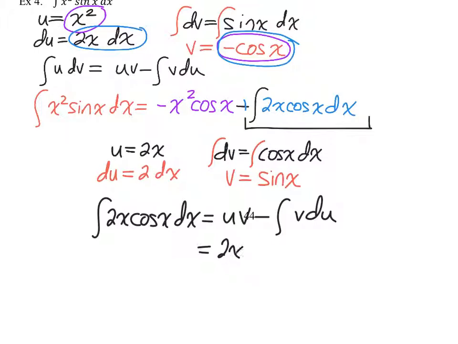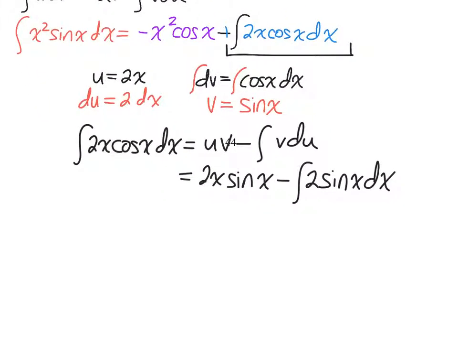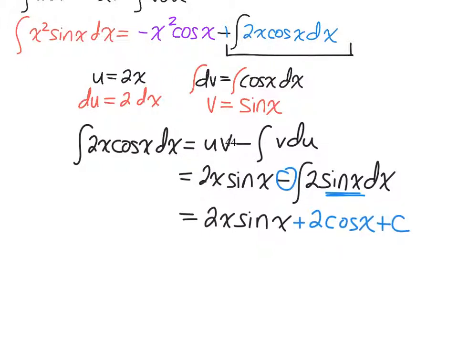So 2x sine of x minus the integral of 2 sine x dx, which is anti-differentiable. 2x sine of x. The antiderivative of sine x is negative cosine, offsetting with the negative that's already there. So plus 2 cosine x plus c.